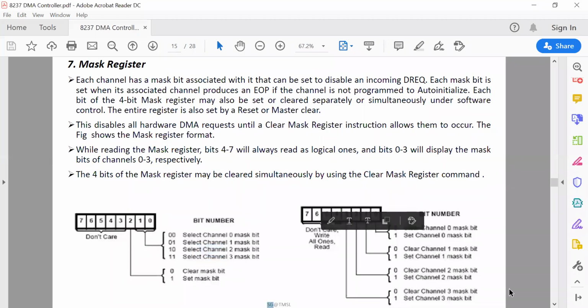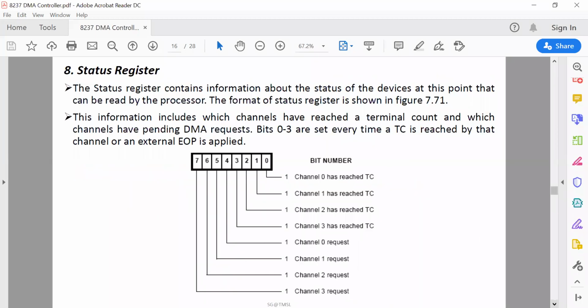The next is the status register. The status register basically keeps track of the DMA channels' pending requests and the status of their terminal counts.